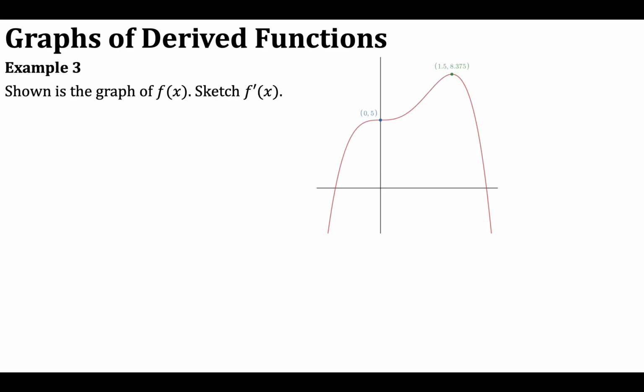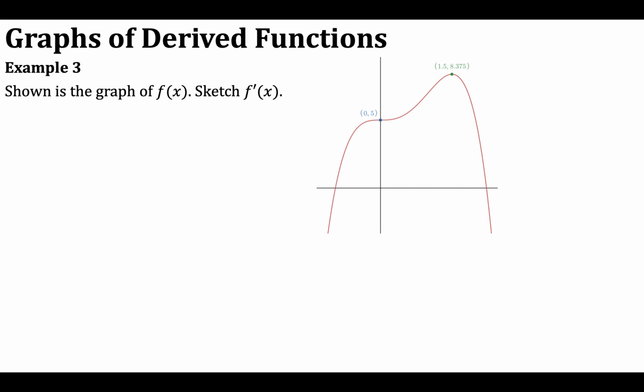And finally, folks, we'll have a look at example 3. So shown is a graph of f(x), and we want to sketch f'(x). And hopefully you'll notice this time that we have a point of inflection. So there's something different going on here from what happened in the previous two examples.